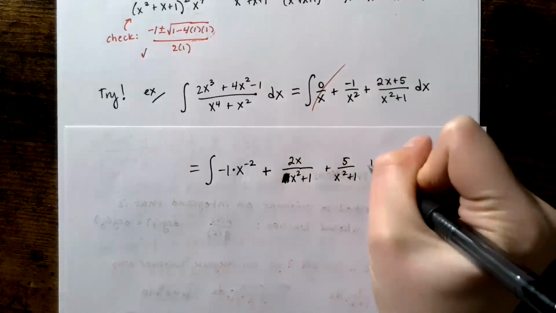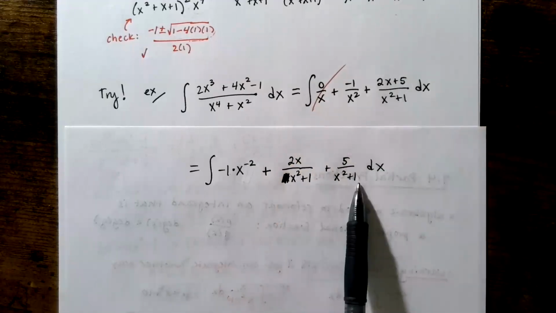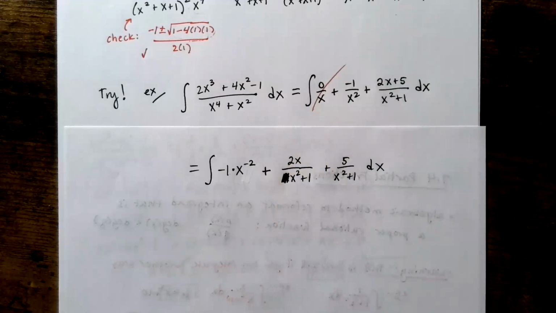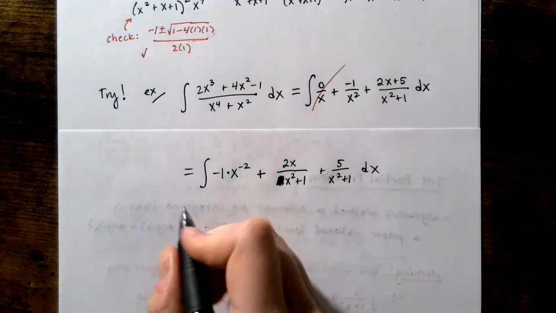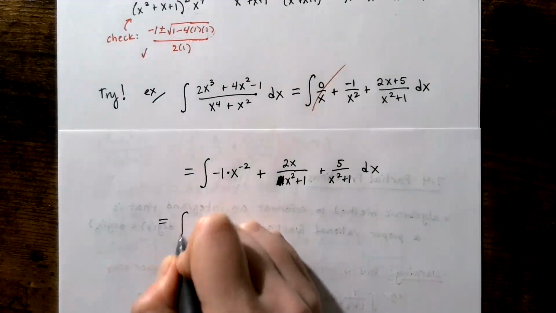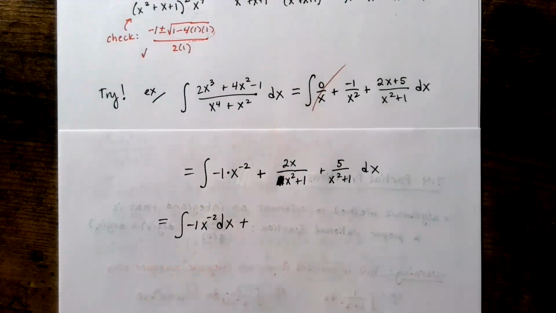So I split up this big proper rational into 2 pieces, and each of these pieces is doable on its own. So I'm going to take another step and split this all up just so it's really clear to our eyes how I'm integrating each. So I have -1 x to the -2. We'll just make that its own integral.